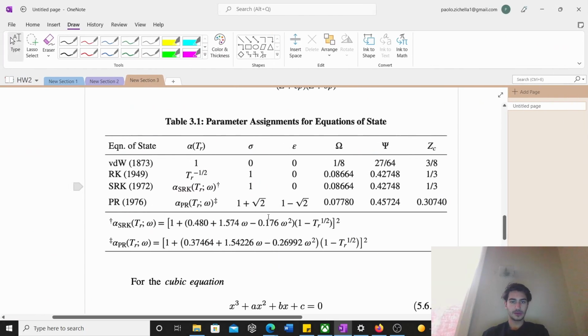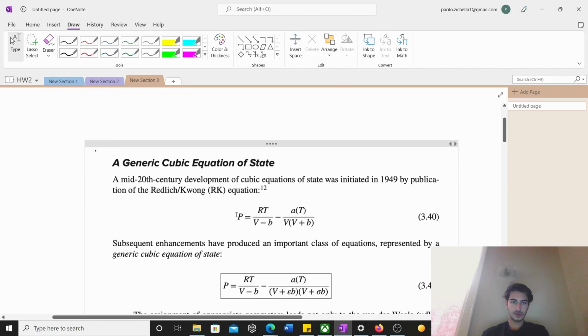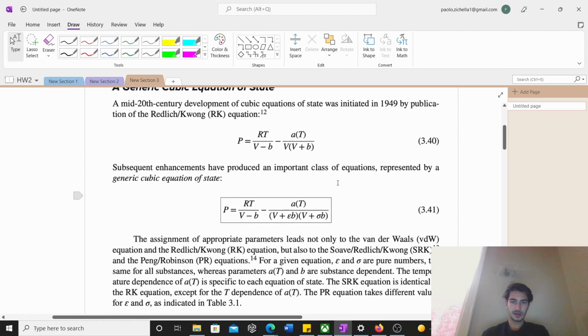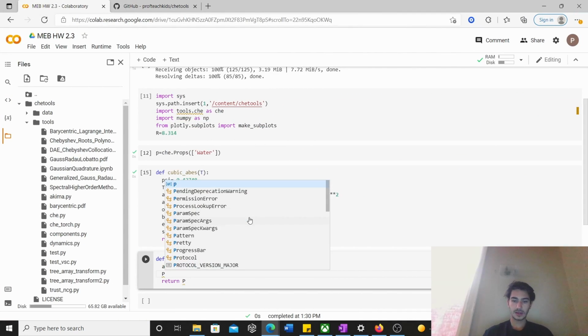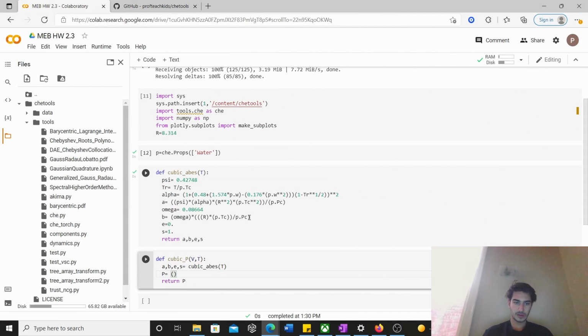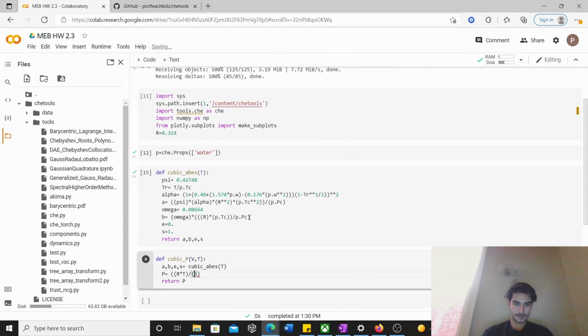Now, if we go back to this whole document, we see we go back to the generic cubic equation of state, and we plug this equation in for pressure, right? So we're going to go P is equal to, we're going to have gas constant R times the temperature, and then that is going to be divided by volume minus B, right?